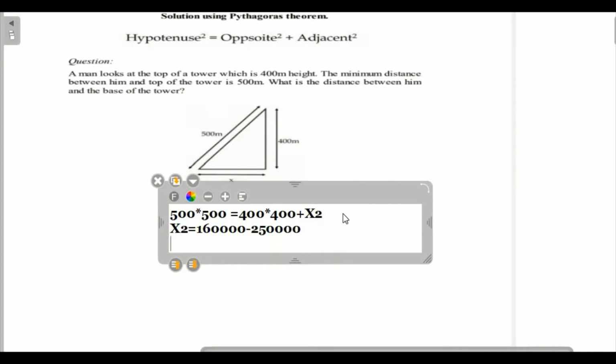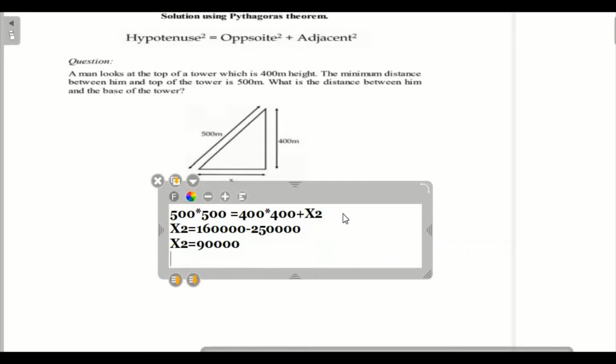So x square equal to 90,000. So the value of x will be 300 meters. Okay, shall we go for the next one?